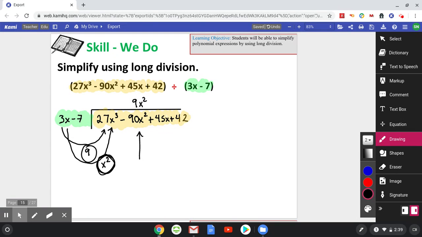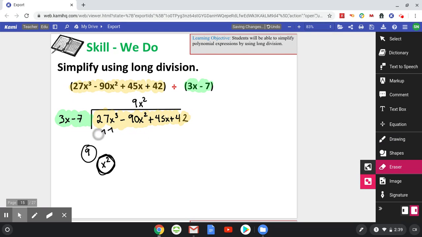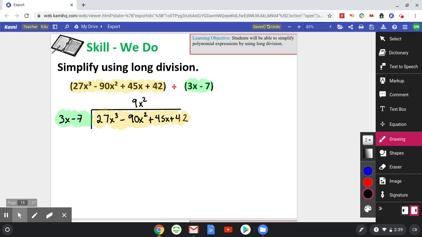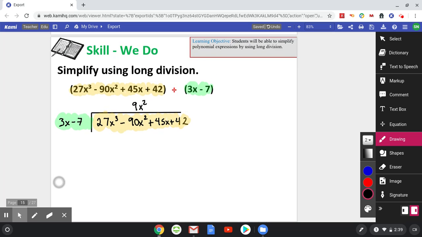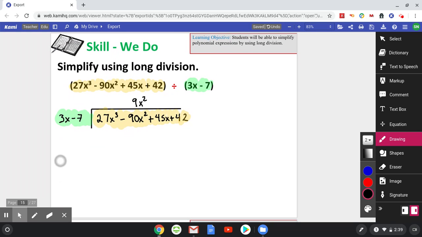That means everything in this column will have an x squared. Everything in this column will have only an x. Everything in this column will not have any letter. Once you have identified the number in the quotient, we will multiply this 9x squared times the divisor, starting from left to right. 3x times 9x squared is 27x cubed.